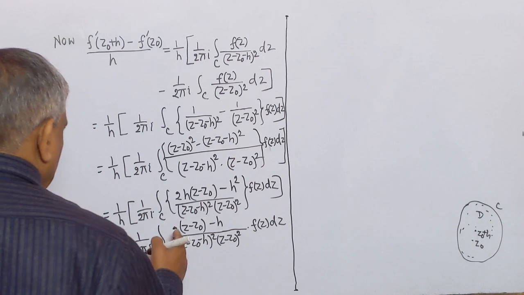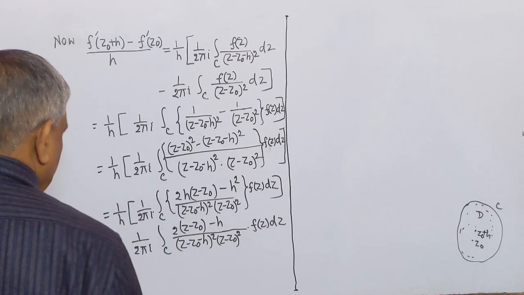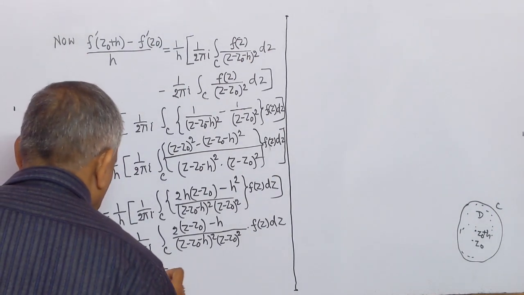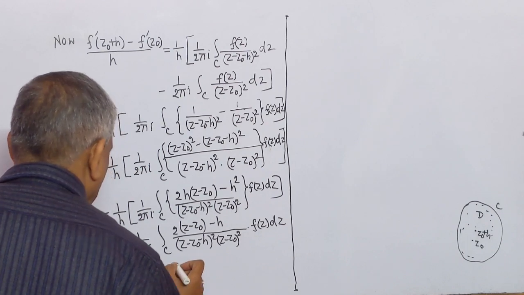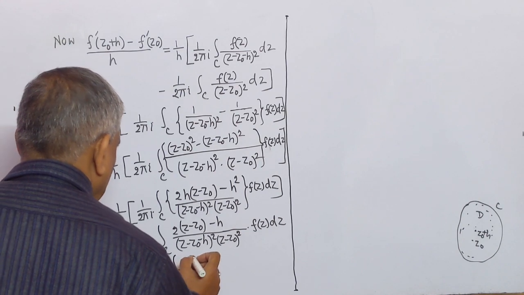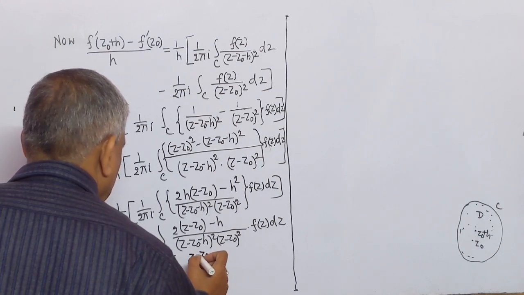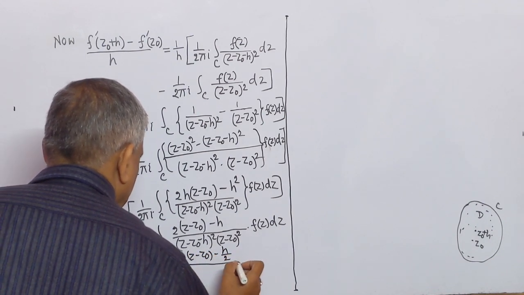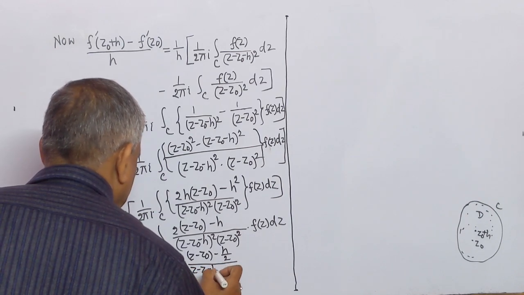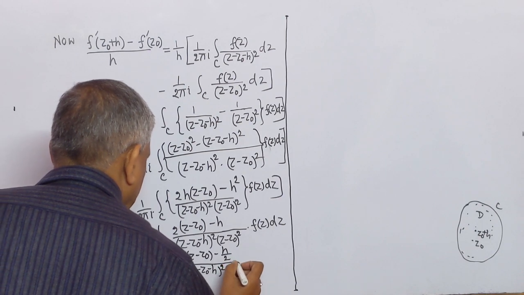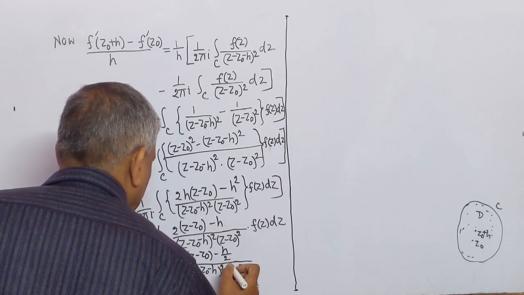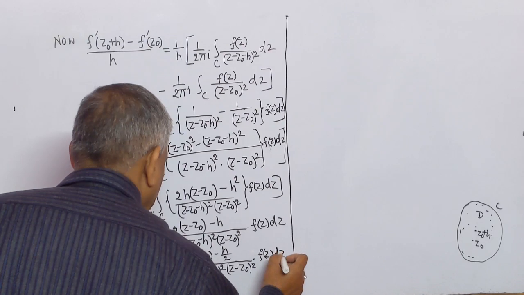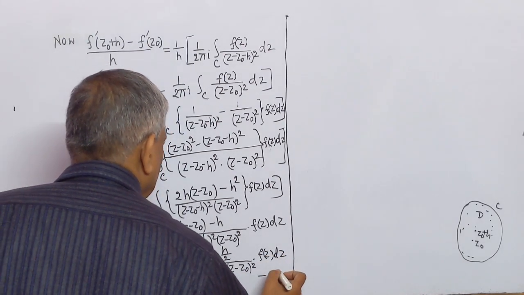This equals, we take 2 common and we write 2 as factorial 2: factorial 2 by 2 pi i, integration along C, of (z minus z naught minus h by 2) by (z minus z naught minus h) whole square (z minus z naught) whole square, multiplied by f(z) dz. Let this be number 3.